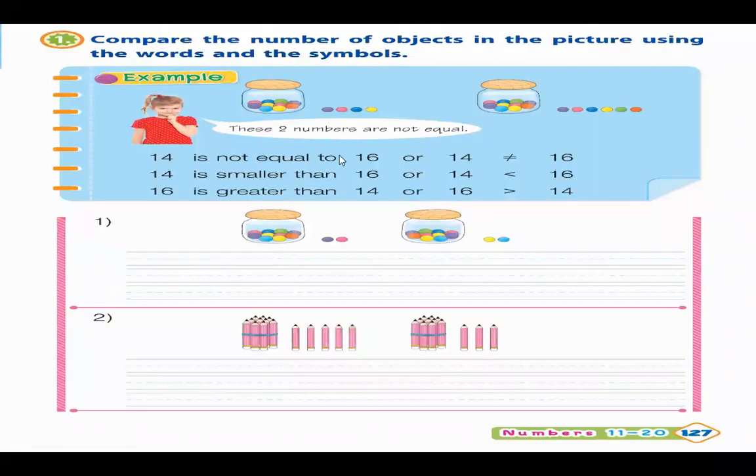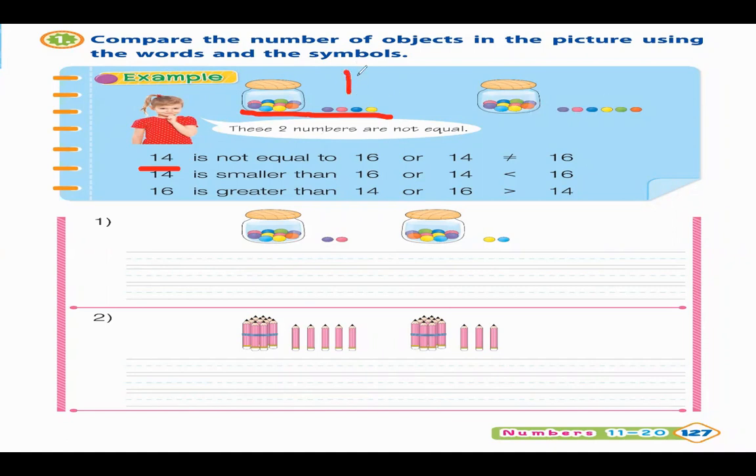Okay, so we will do this activity. Compare the number of objects in the picture using the words and the symbol. Let's say, for example, these two numbers are not equal. Why? Because 14 is not equal to 16.